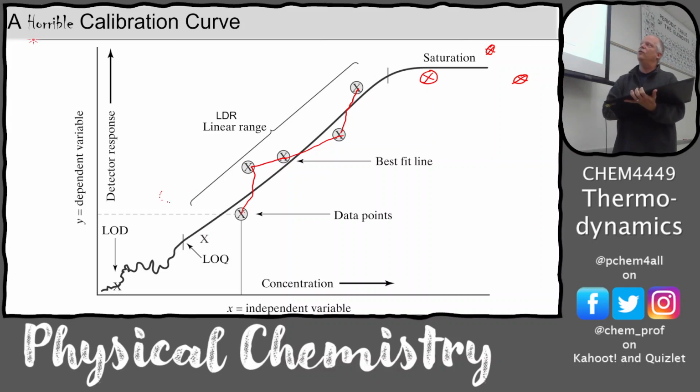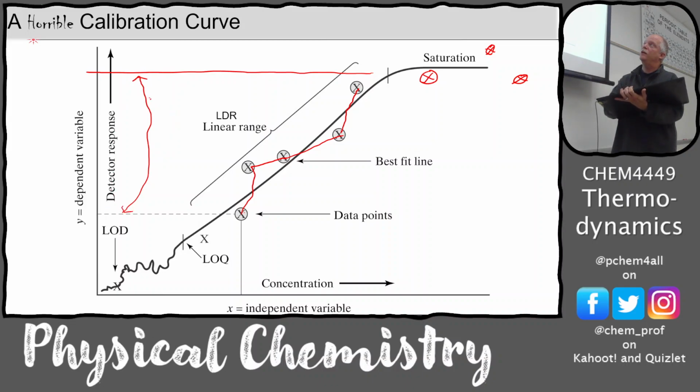Oh, what I was saying about orders of magnitude. This would be the difference between here and here. Okay, so how many powers of 10 do you have in this range here? That's what we mean by dynamic range.